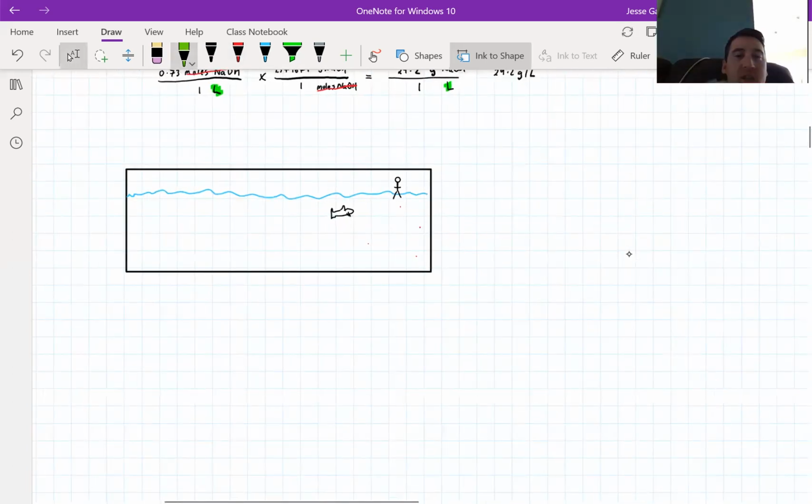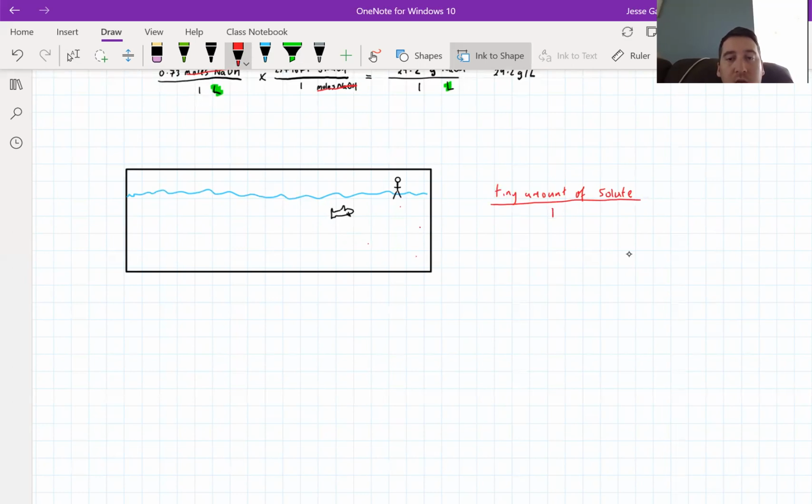So this way of measuring things is useful when we're talking about very tiny amounts of solute, a tiny amount for every 1 liter of water. If we were to consider this little square as being a liter, there is one molecule or one tiny part of blood there.